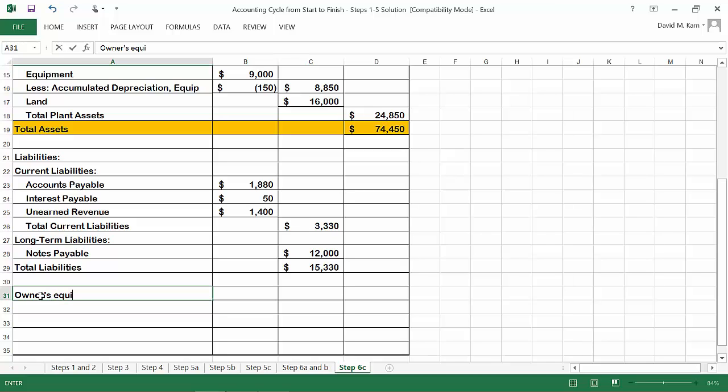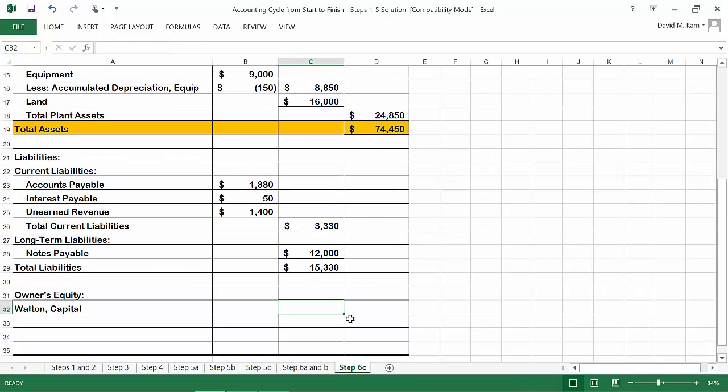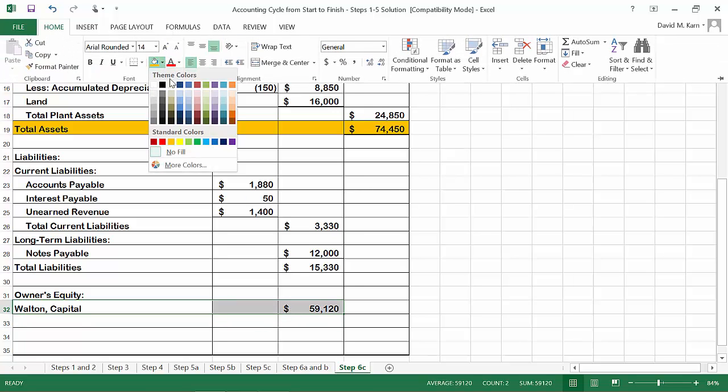And again, this is a common mistake that you don't want to make. We have to take the Walton capital balance from the statement of owner's equity that we prepared in step 6B, which is the 59,120. We need to bring that over here. So we'll bring the 59,120 there. I'll highlight that in blue to show that that's being brought over from the statement of owner's equity.